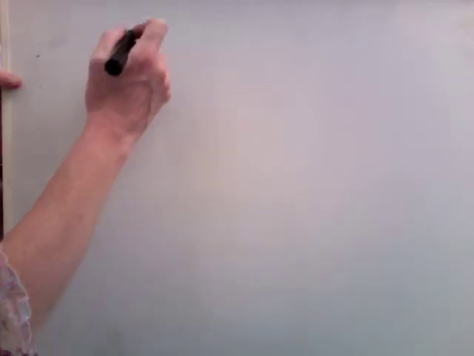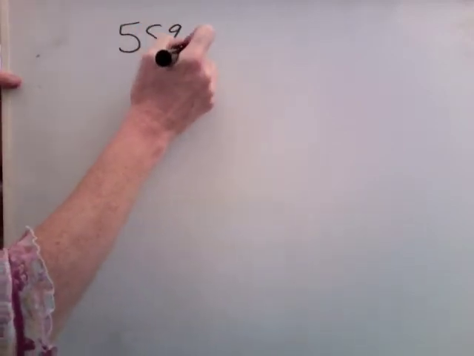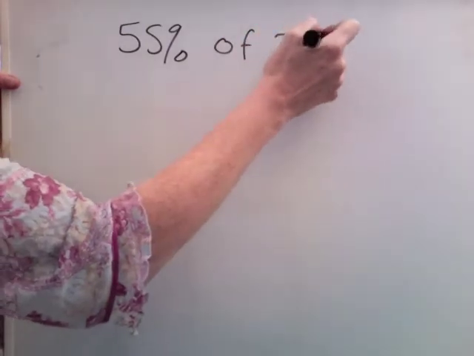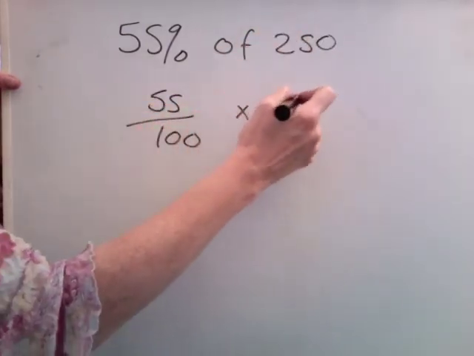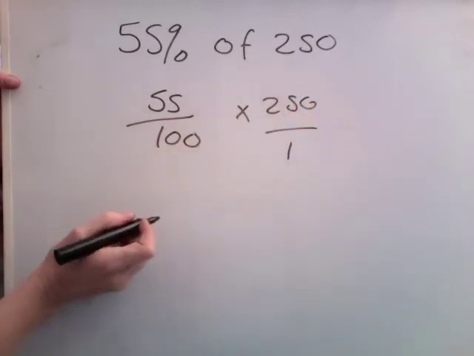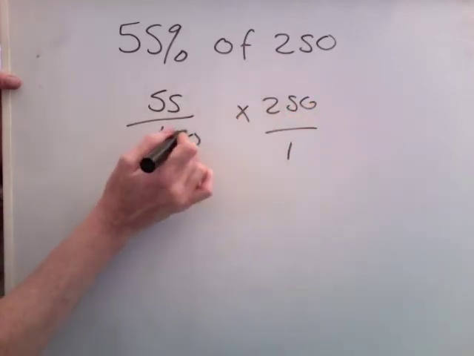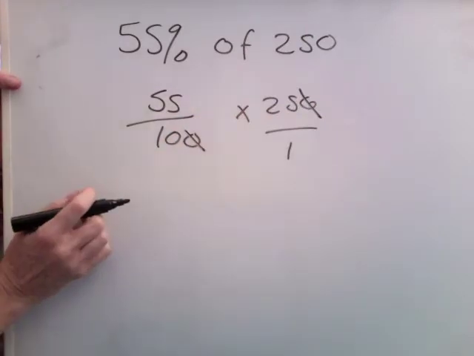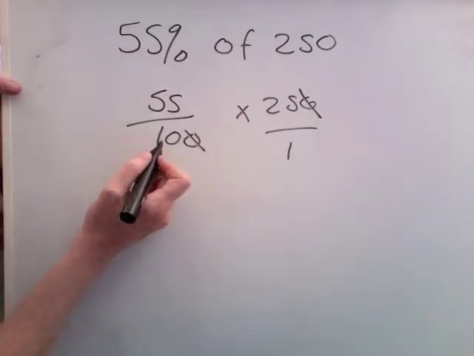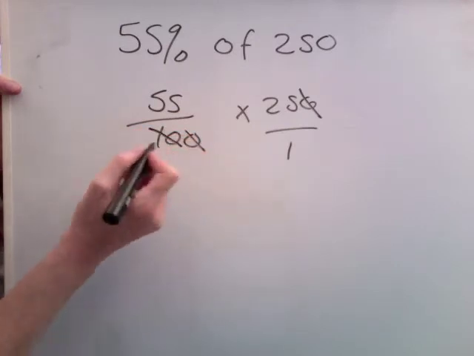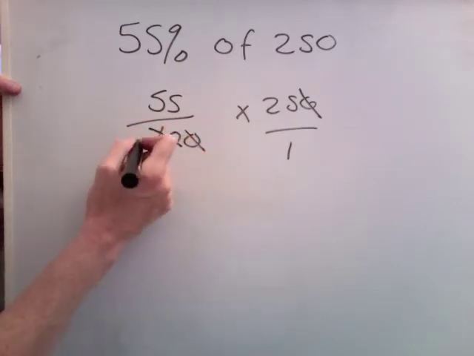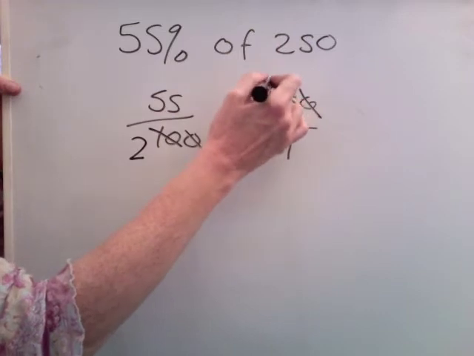The first one, 55% of 250. 55 over 100 times 250 over 1. Let's cross cancel. Divide that by 5. Divide that by 5.